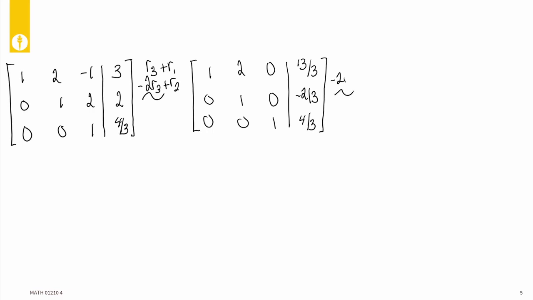And just one more step. Negative 2 row 2 plus row 1. Four thirds plus 13/3.